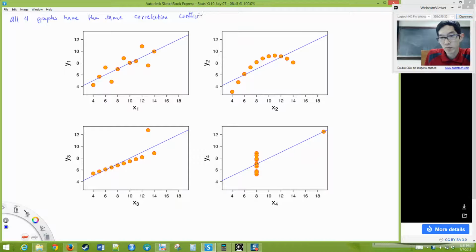Okay, but the interpretation for correlation, so R is equal to 0.817 for all 4. The interpretation of a positive trend with less scatter, 0.8 is pretty close to 1, and so that would indicate a stronger relationship, less scatter.